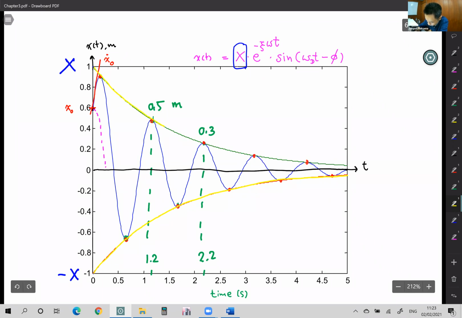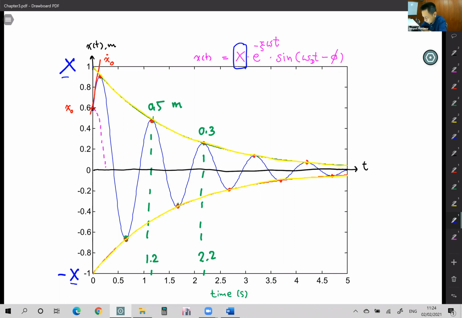If I draw a yellow curve to touch the amplitude of the vibrations of my building, when the sine term equals 1, and the e to the power minus zeta omega t, when t equals 0, this term is also 1, you are talking about big X and minus big X. And this is why we have the big X and the minus big X to control the envelope of the curve.